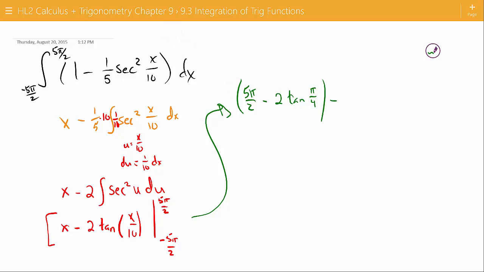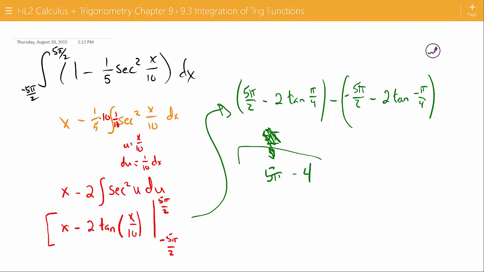Minus -5 pi over 2 minus 2 tangent of -pi over 4. And evaluating this, we end up with 5 pi over 4. Sorry, I lie. We end up with 5 pi minus 4. I got my numbers combined up there.